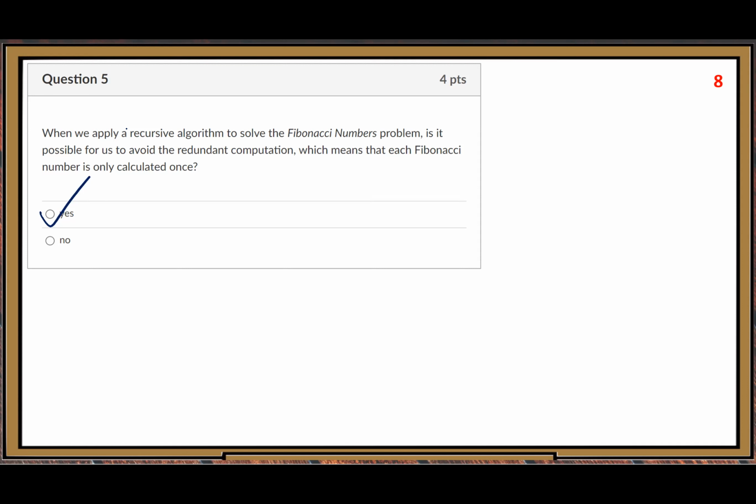Actually, remember in our methods, here, let me give you the numbers in those methods.